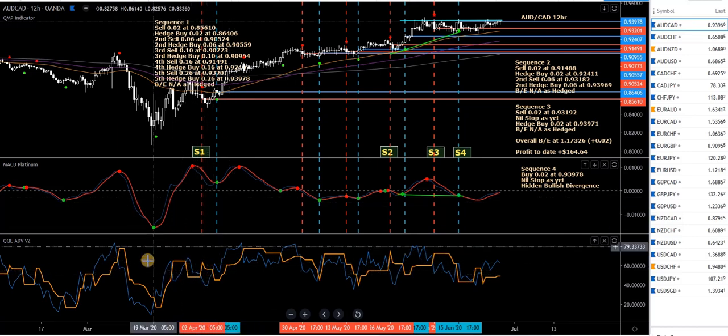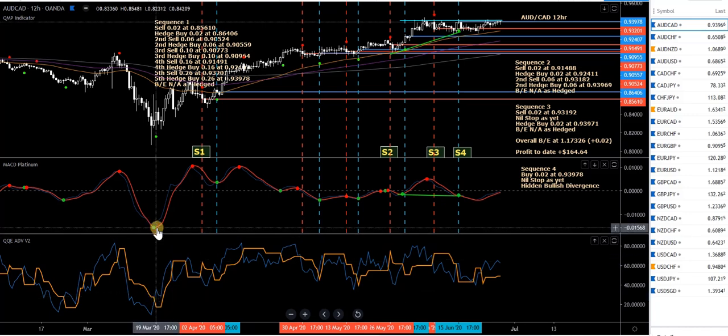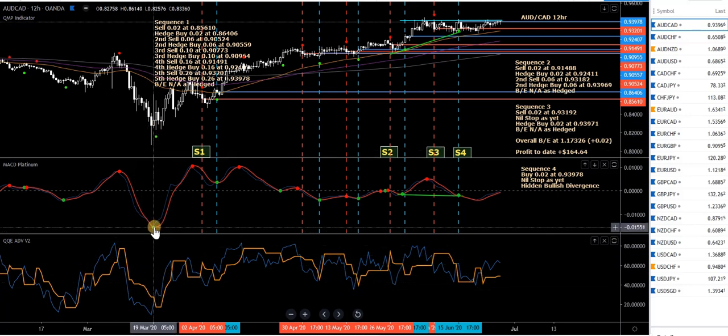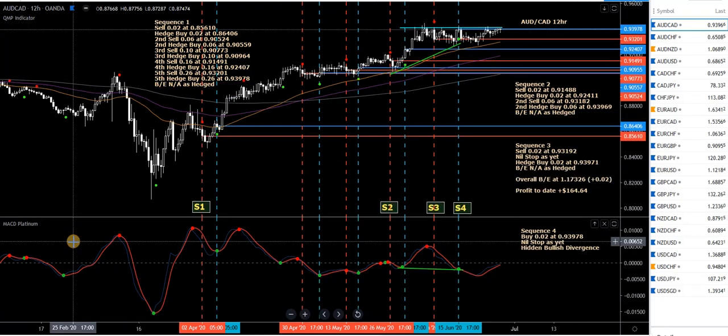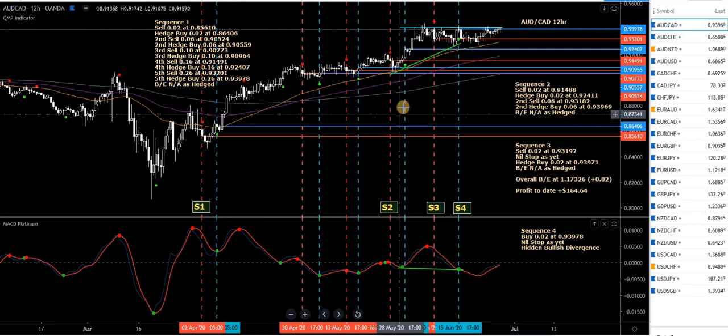And when you get a cross of this and it's in sync with a cross on the MACD Platinum, it presents these dots on the chart. So the dots are a confirmation that these two indicators are in sync. That's the only reason, it just makes life a lot easier for me. And I don't need to see the QQE Advance on the chart.